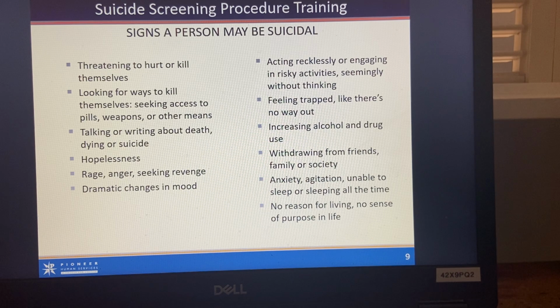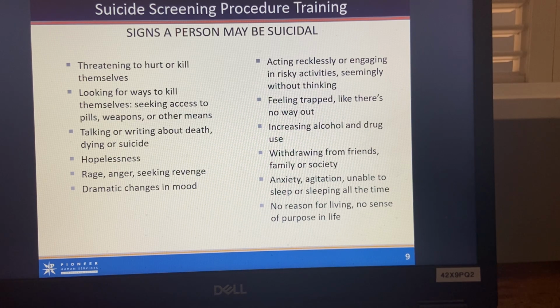So things like threatening to hurt or kill themselves, looking for ways to kill themselves, seeking access to pills, weapons, or other means, talking or writing about death, dying, or suicide, acting recklessly or engaging in risky activities without thinking, feeling trapped like there's no way out, and having no reason for living, no sense of purpose in life.